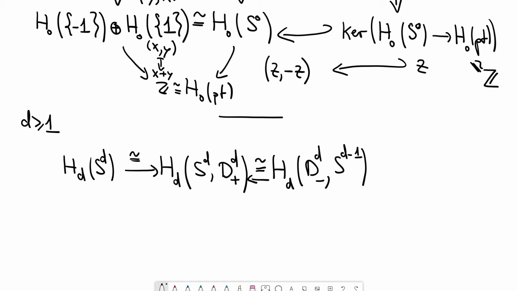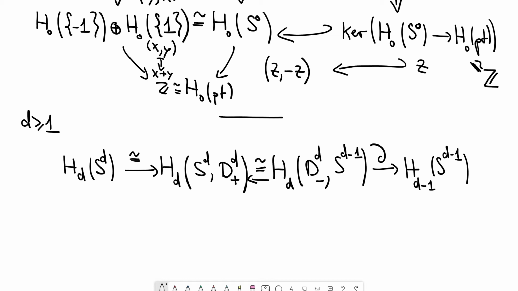And now we can look at the long exact sequence of this pair. In the long exact sequence, we have this boundary map, which is a map to HD minus 1 of SD minus 1. And in the proof, well, we did it for d equals 1 to be fair, but this part was completely analogous in higher dimensions.